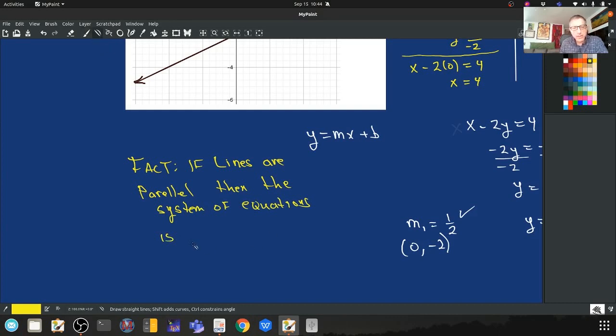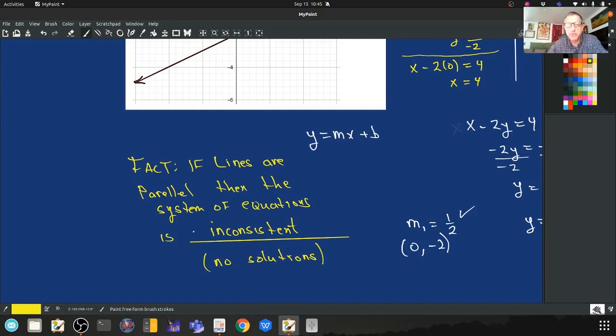In here, I want you to think for a second, look at your notes and fill in that blank. If the lines in the system are parallel, then the system of equations is, and I hope you put down inconsistent, because it describes that time when there are no solutions. And remember, when we're talking about solutions, we're talking about ordered pair solutions.